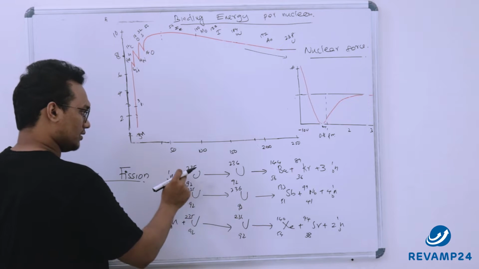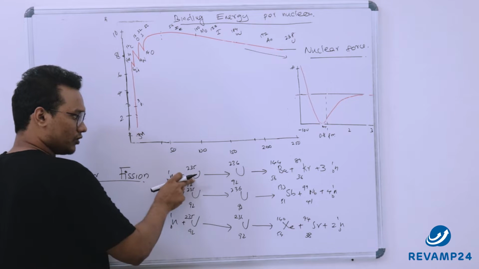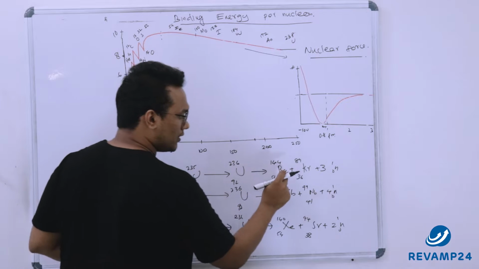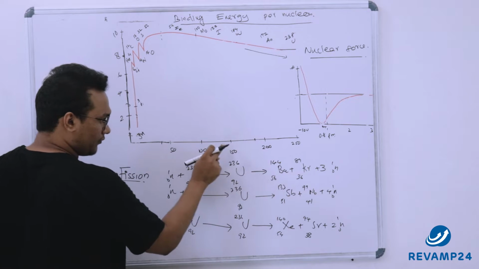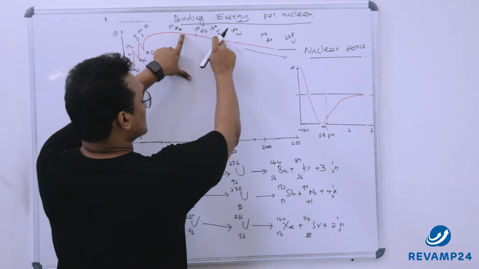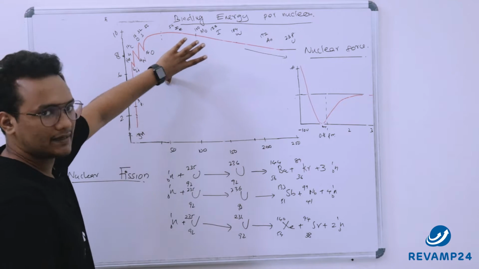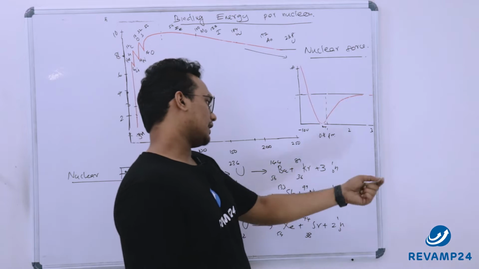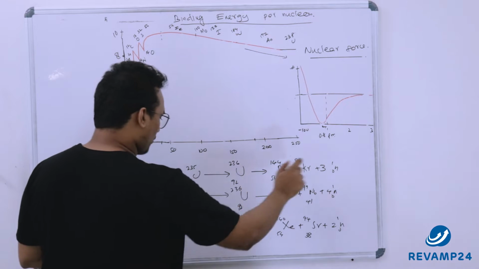So this is the equation. Uranium-235, one neutron entered, this becomes uranium-236, and that splits into barium and krypton. 144 will come here, 89 will come here. Here it has higher binding energy per nucleon and more stability, and this would release 3 neutrons.